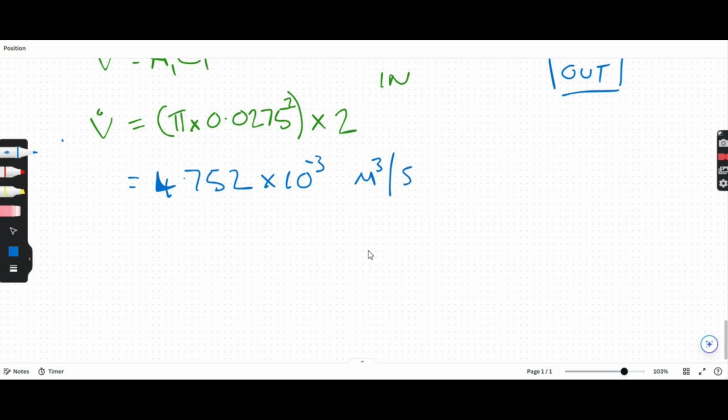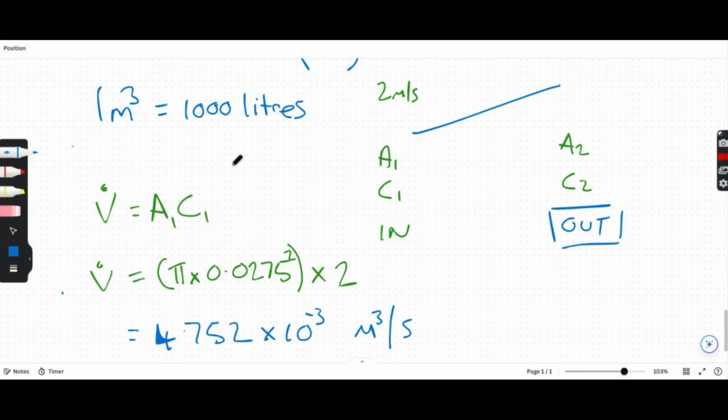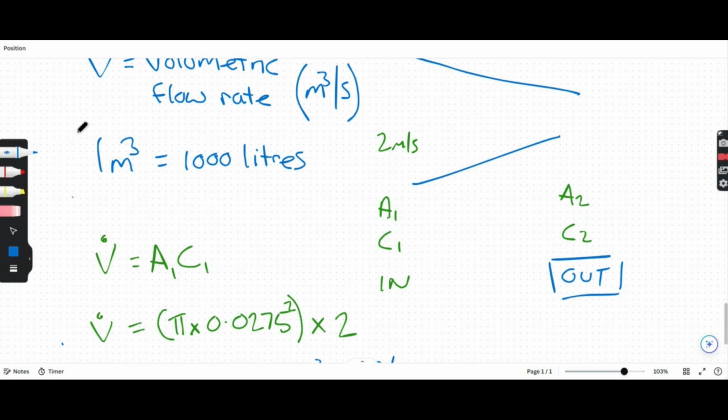I've got to find how many litres. So that's what I need to find. It's asking me how many litres. And with this little bit here, I know that 1 cubic metre is the same as 1,000 litres.